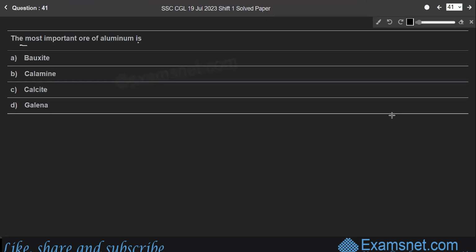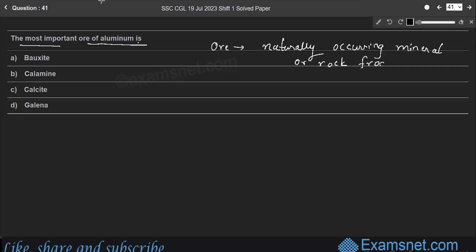Question 41. The most important ore of aluminium is. Here, students, an ore is a naturally occurring mineral or rock from which a metal can be extracted.